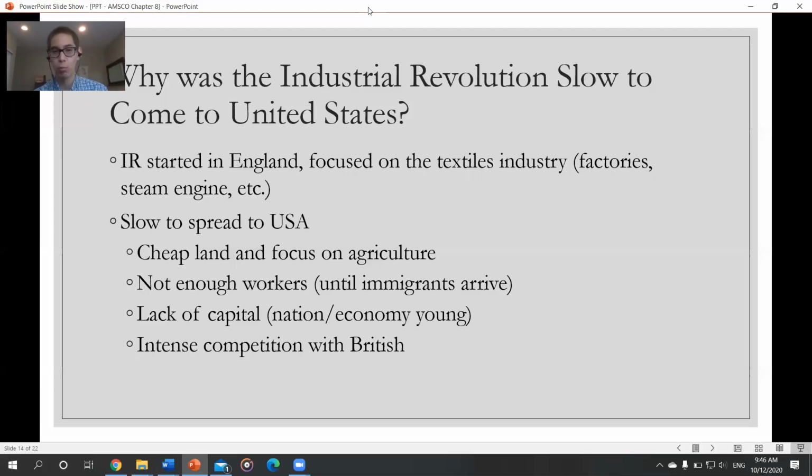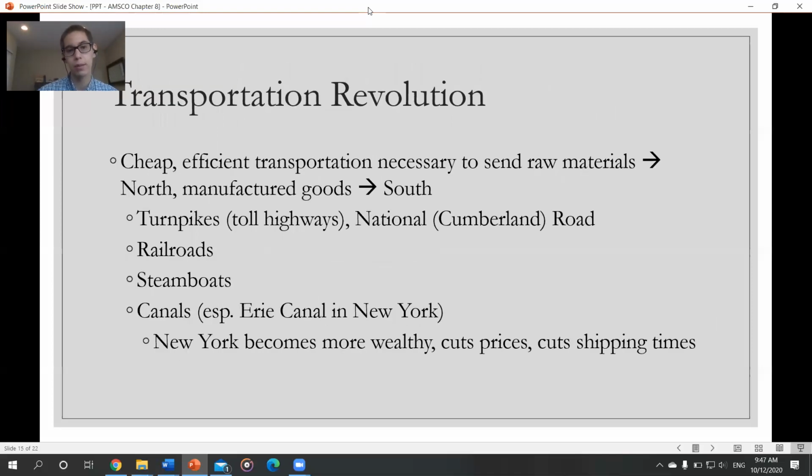There also weren't enough workers, especially in the urban centers, and there's not enough money. Not only that, but the British were doing quite well. The British kind of had Europe on lock, and so America wasn't really able to compete with the British. The US will eventually industrialize, and when they do, they'll become tops in the world, but it took quite a bit longer in the US.